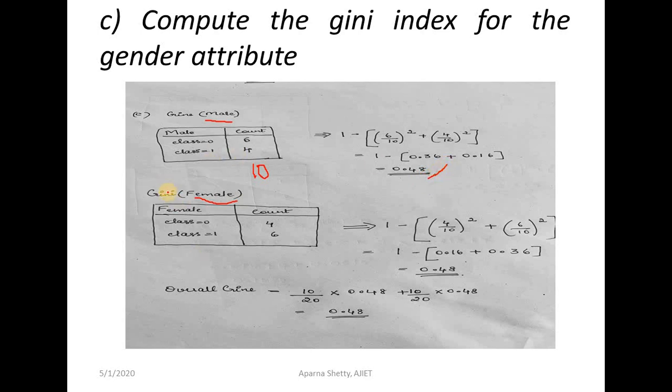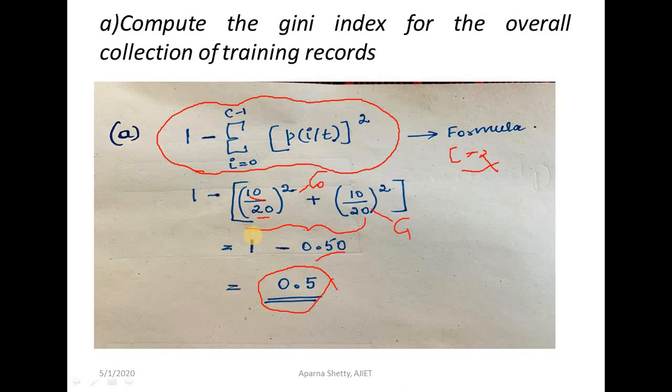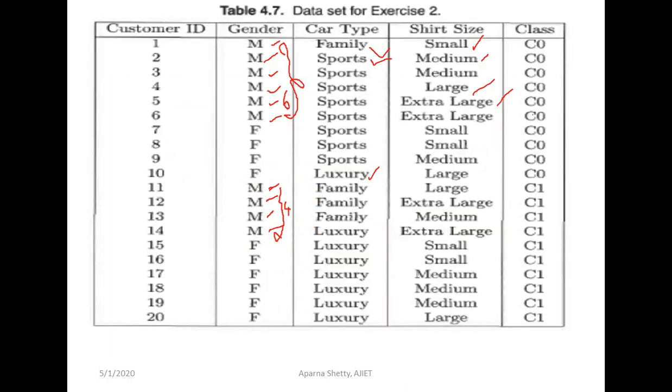Similarly, calculate the Gini for female. For female, you have to see how many records belong to class 0 and how many belong to class 1. Female, how many records belong to class 0? 1, 2, 3, 4.